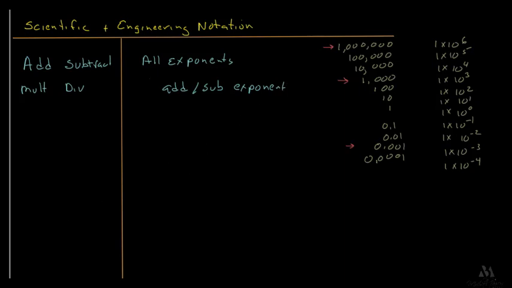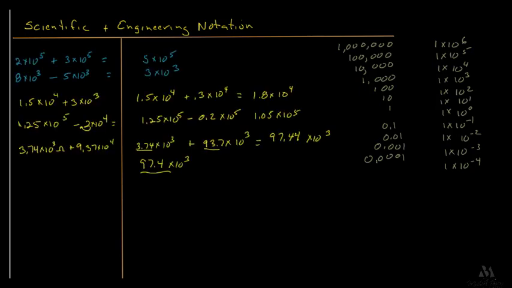I'll take a quick look at that. So when we added these together, we simply did the add operation for the numbers before the powers of 10. When we subtracted, we did the same thing.